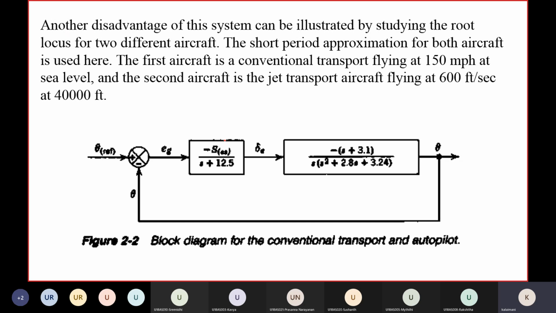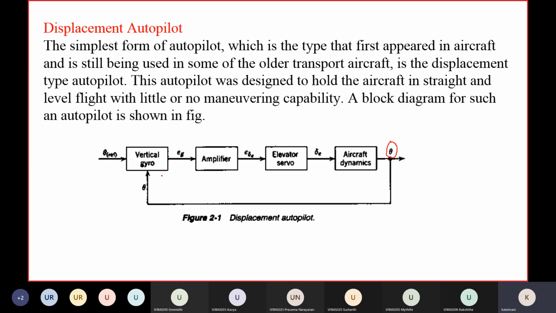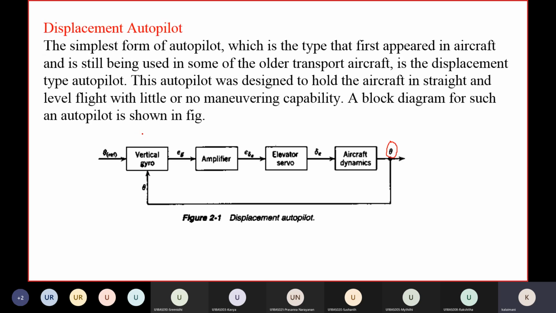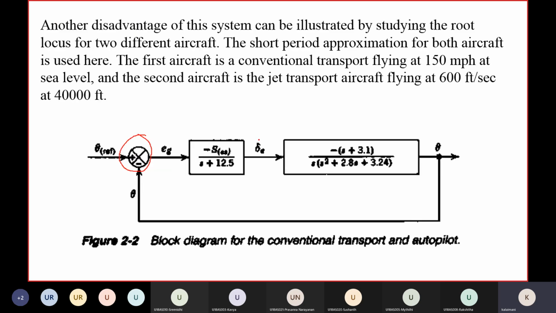While using this displacement autopilot, the disadvantages can be analyzed with the help of two different aircraft. Here, I put this as the aircraft dynamics, then the vertical gyro is modified into a summer, and the amplifier as well as the elevator servo are made into servo transfer functions.